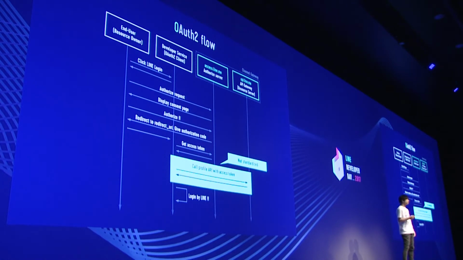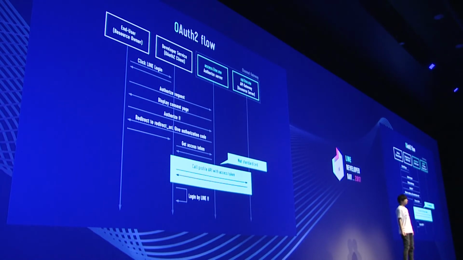And in order to log into LINE, you need to get the user ID of LINE. In the past, in order to get the user ID, you needed to call the LINE Profile API, meaning you needed to go through a LINE-specific flow. Well, this is the same for the ID integration of other companies using OAuth 2.